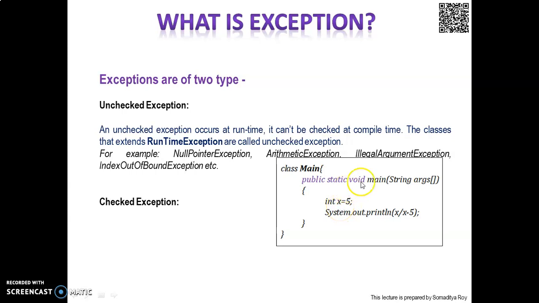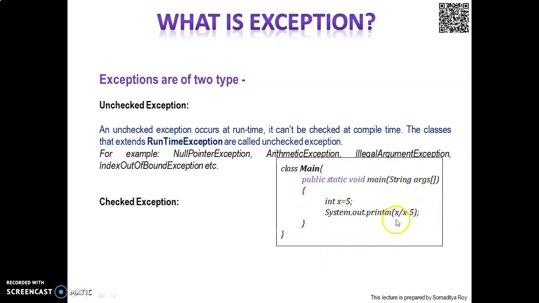So if the compiler won't assign any memory to x, it won't be able to calculate this value as well. All the compiler, or javac, will only take care of one thing, whether this entire code is properly written or not.